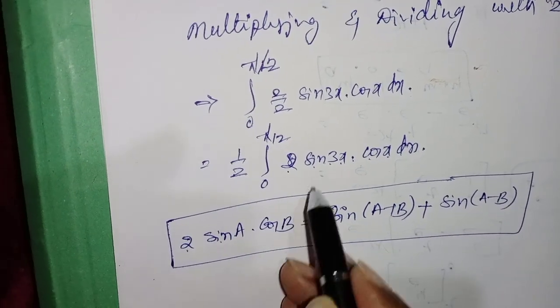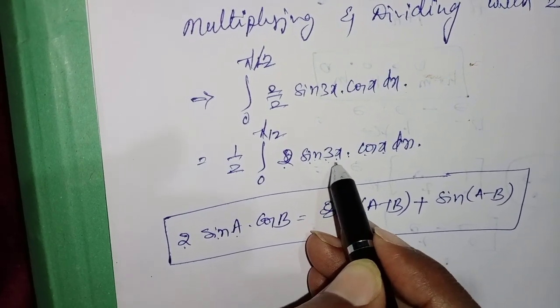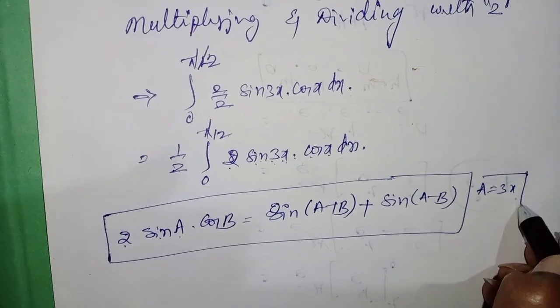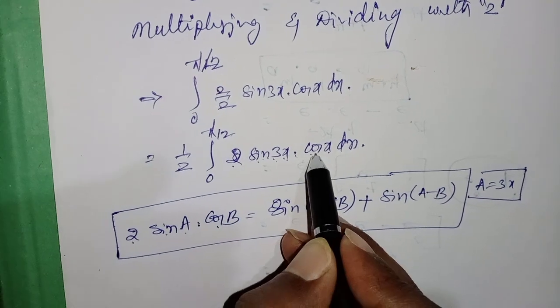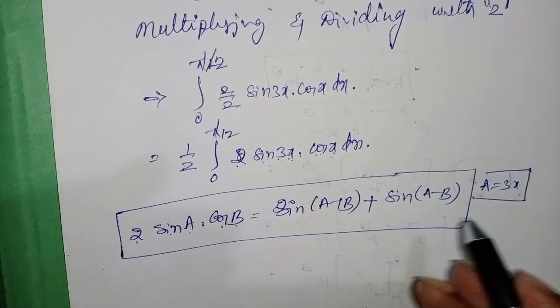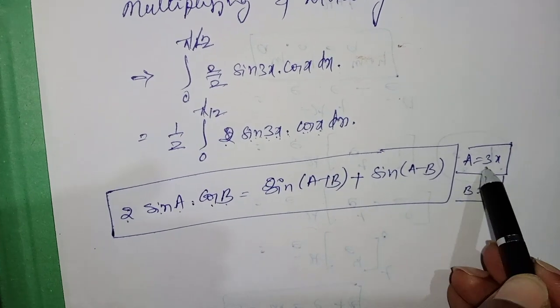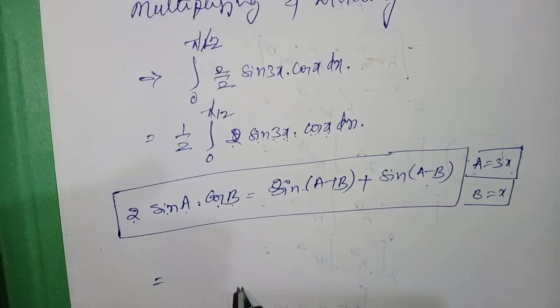In the given data we have 3x, so A is equal to 3x. The next, cos B, but here it is x, so B is equal to x. Substitute A is equal to 3x, B is equal to x in the formula.